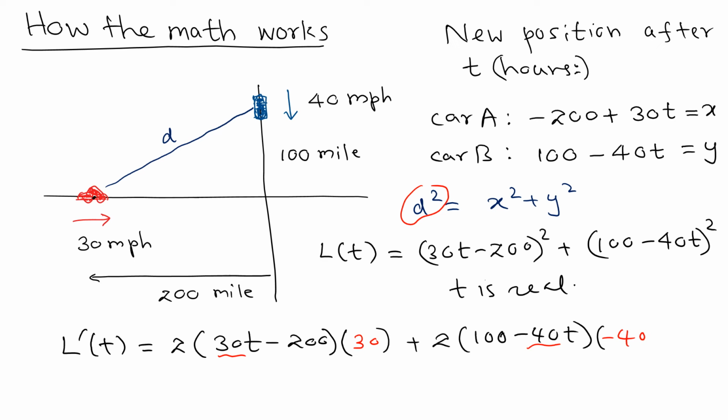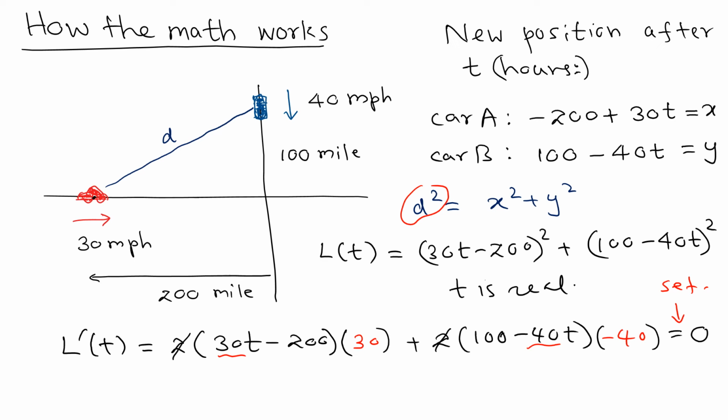So that's the derivative. Now, since we are looking for critical points, we set this equal to 0 because we want to find the minimum of this function. To simplify, first we can cancel the 2 by dividing by 2, and we can also divide this equation by 10.